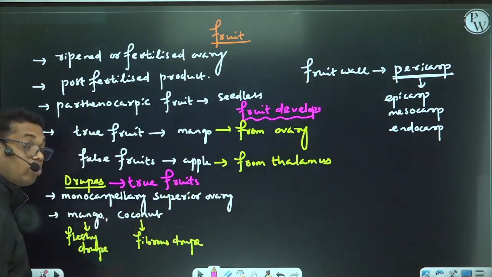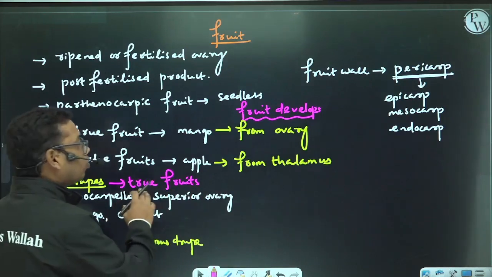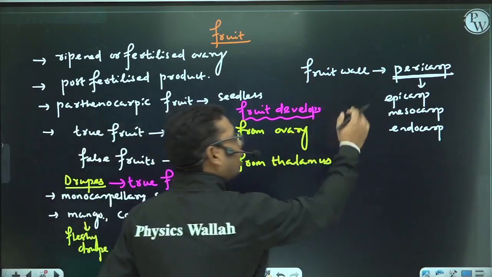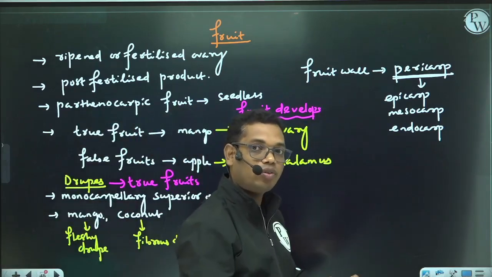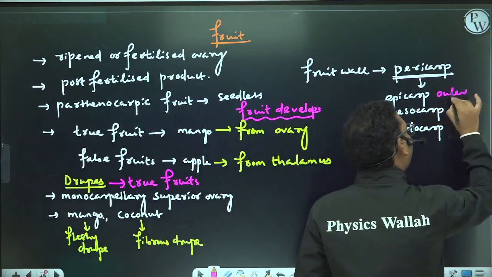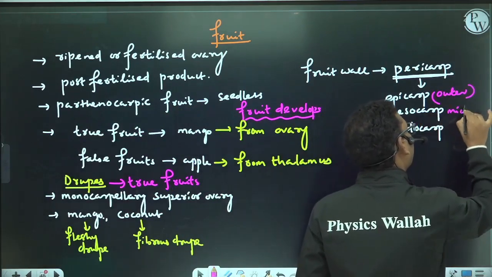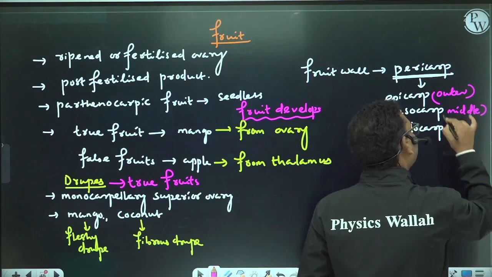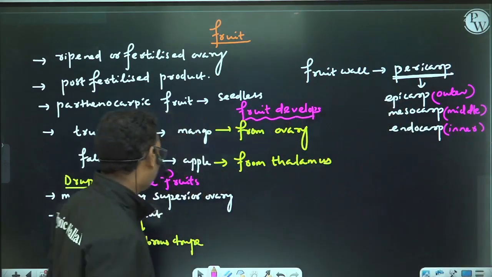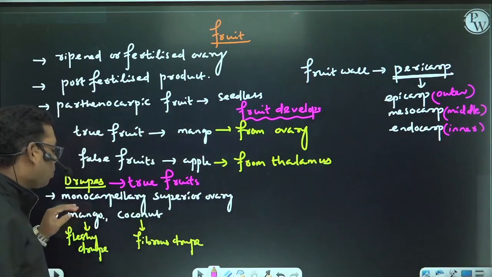Remember one thing: the fruit wall is called pericarp, and it is differentiated into three regions. The outer region is called epicarp, the middle region is called mesocarp, and the innermost region is called endocarp.